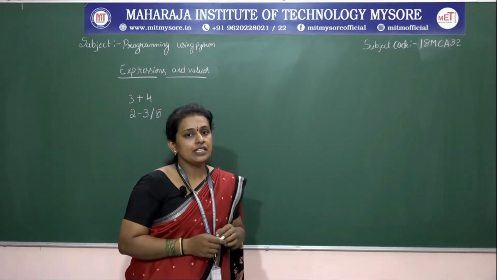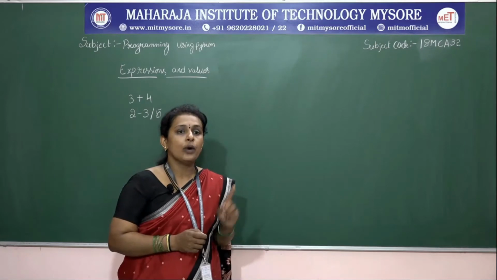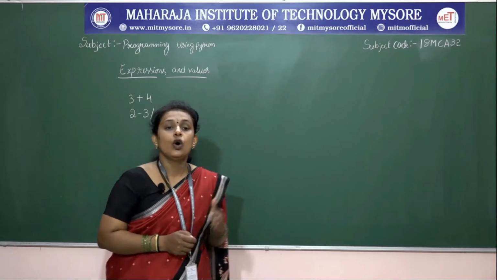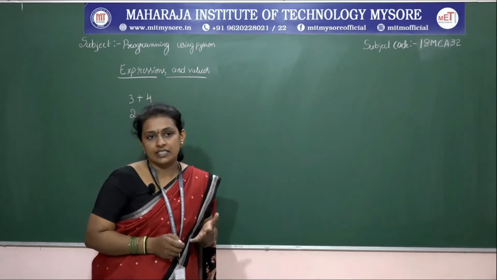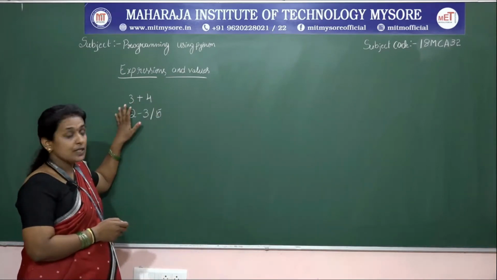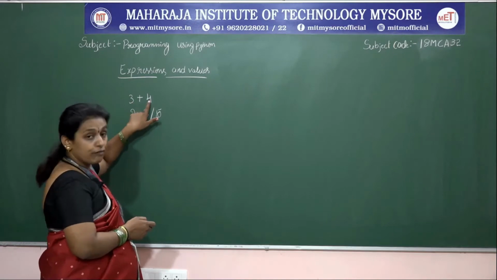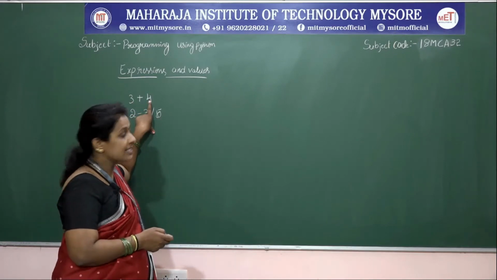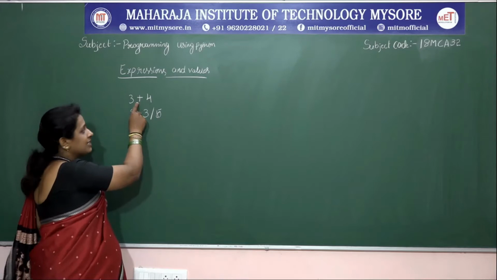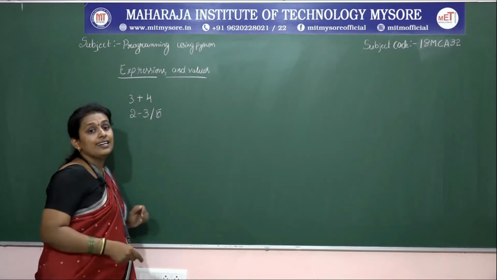Every expression consists of at least one operand, and it can have more operators. For example, here I have two operands, 3 and 4, and the symbols plus, minus and division are the operators.